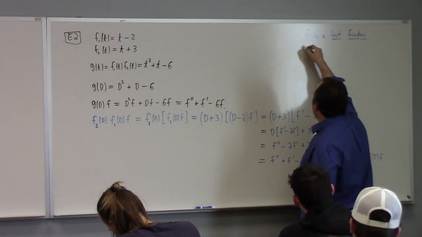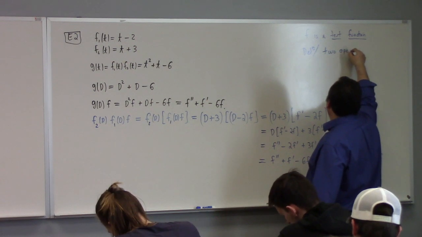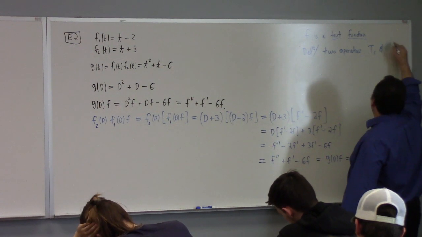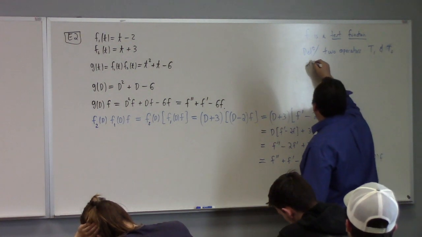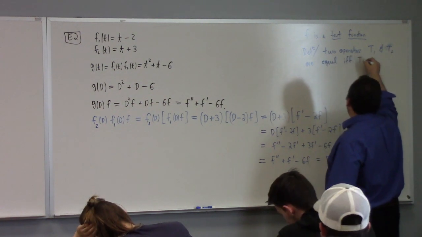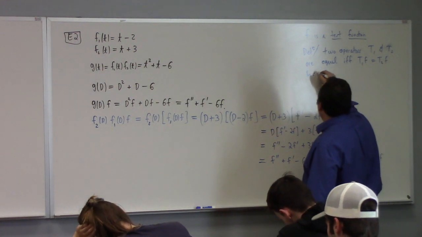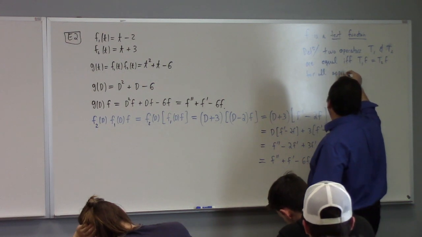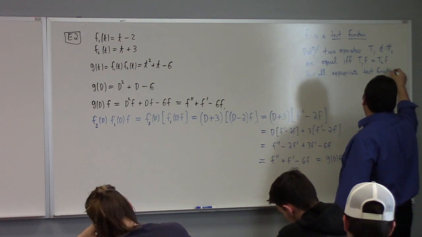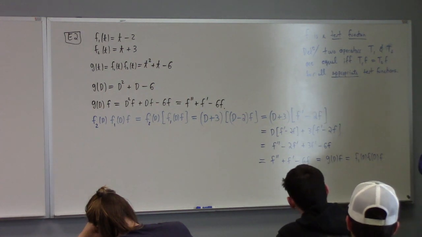And here's the general principle, the definition: two operators, let's say t1 and t2, are equal if and only if t1 acting on f is equal to t2 acting on f for all appropriate test functions.